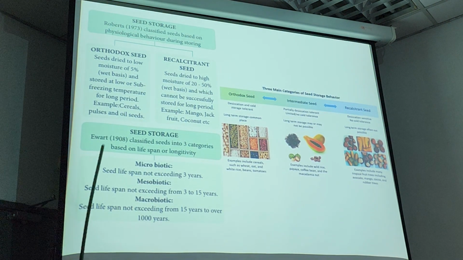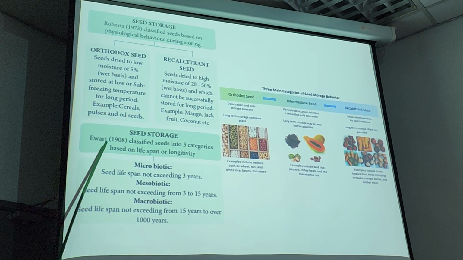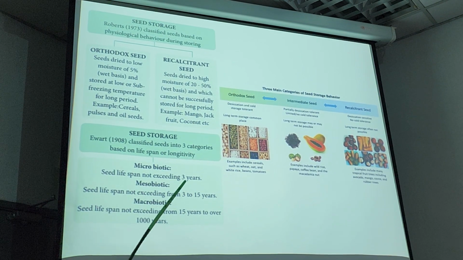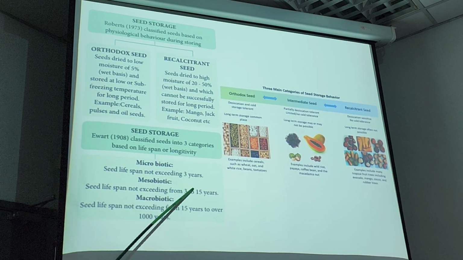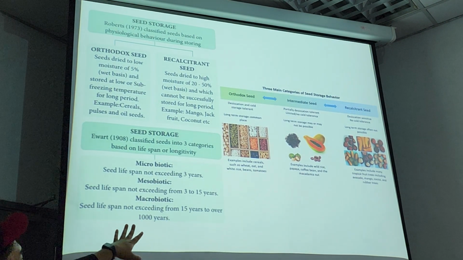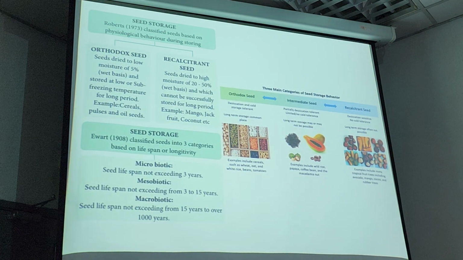Another classification, a bit earlier in 1908 by Ewart, depends on the shelf life of the seed. Within 3 years, you call it microbiotic, mesobiotic is 3 to 15 years, and macrobiotic is a very, very long time.